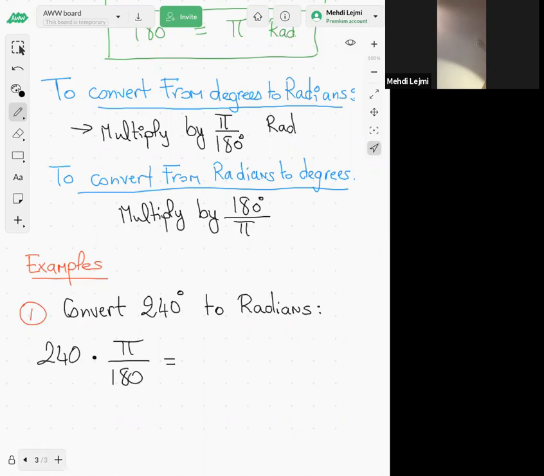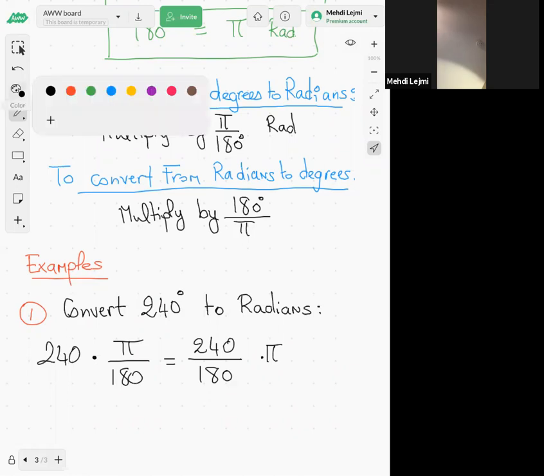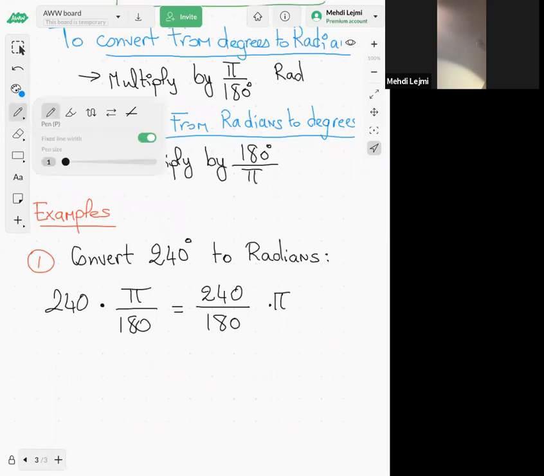Okay, so that would be 240 over 180 times pi. Now the thing, guys, we have to reduce the fraction, right? This 240 over 180, so we have to reduce the fraction. For example here, you can divide both of them by 10.